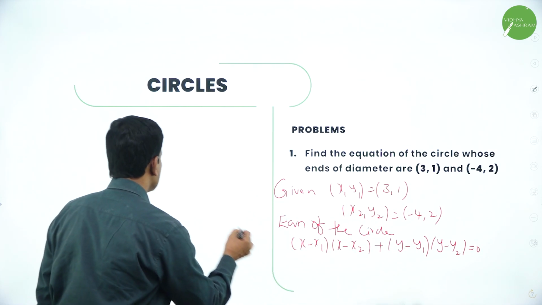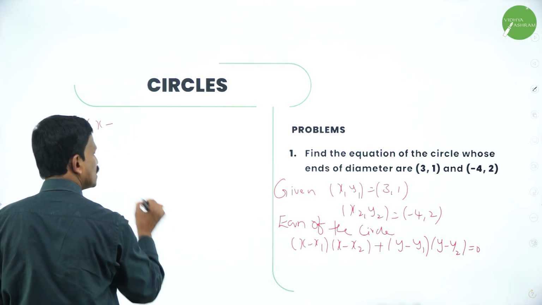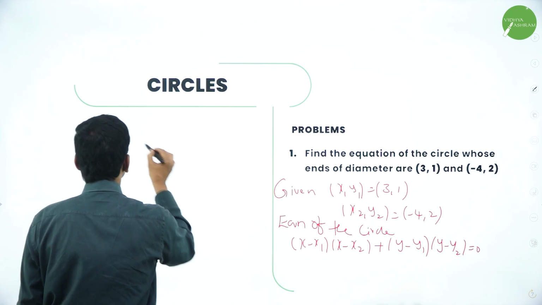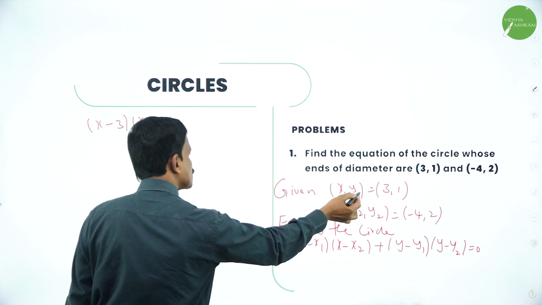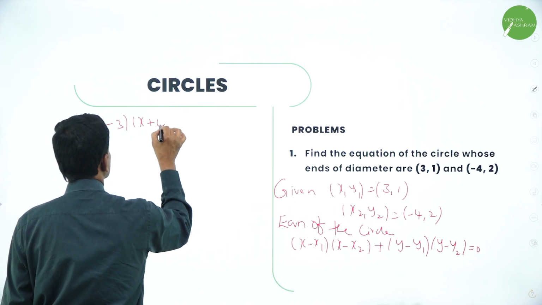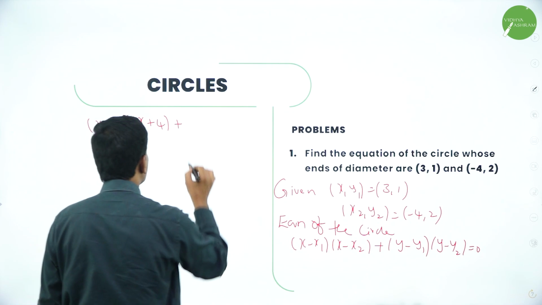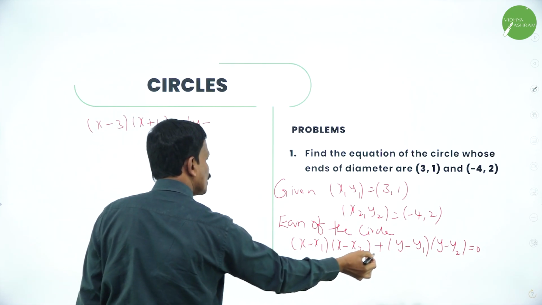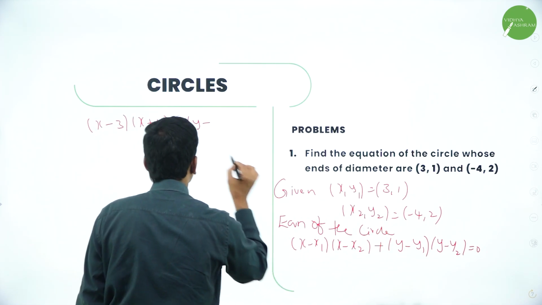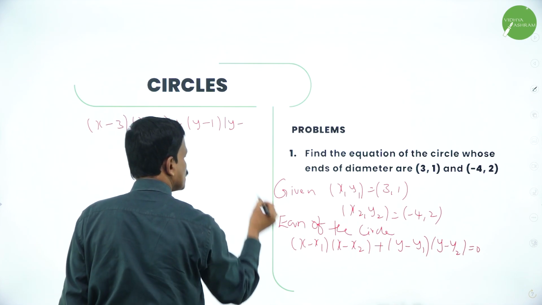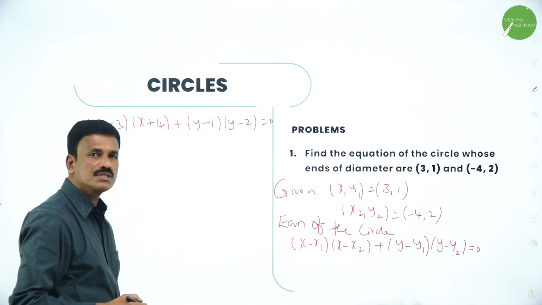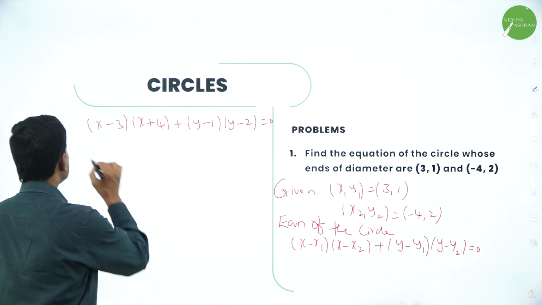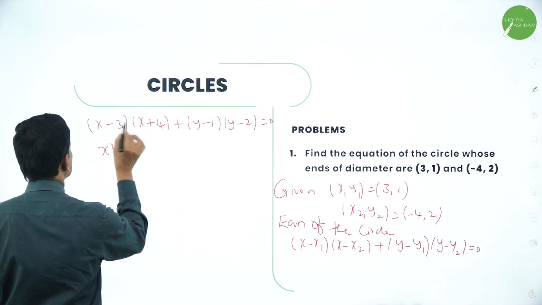Substitute here. What you will get? (x − 3)(x + 4) + (y − 1)(y − 2) = 0, since x1 is 3 and x2 is −4. Multiply. x into x is x².